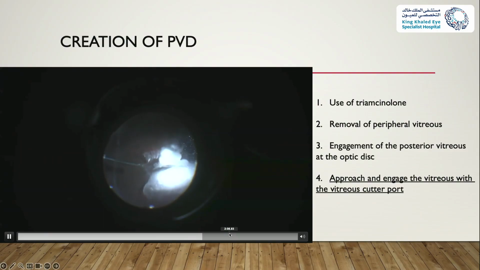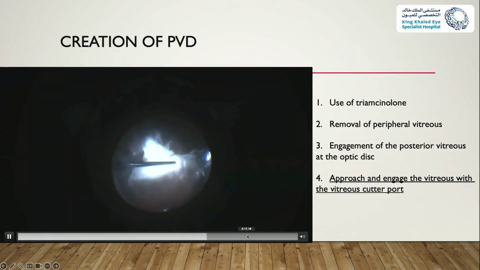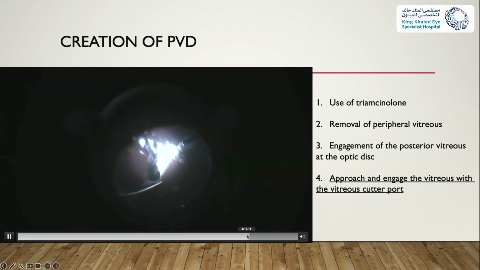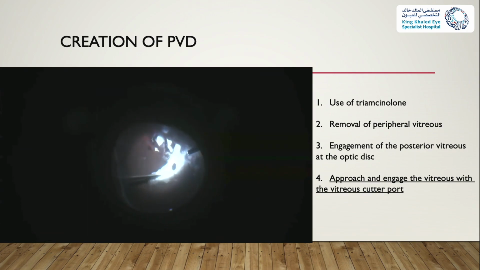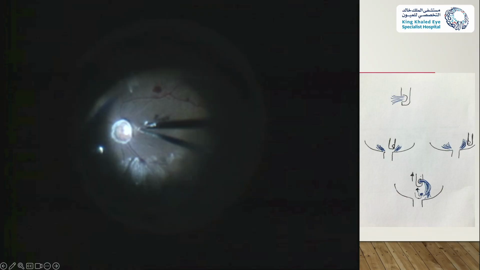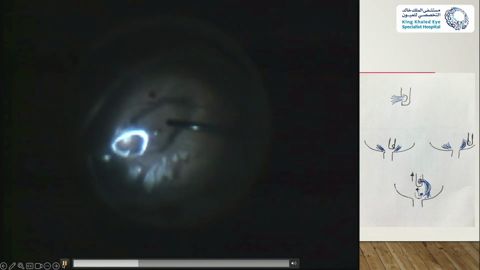So when you engage the vitreous with the cutter, you can lift up the vitreous. But I just wanted to show you something that is worth remembering: it looks good when you do that, but the technique that you actually use to create a posterior vitreous detachment is different.